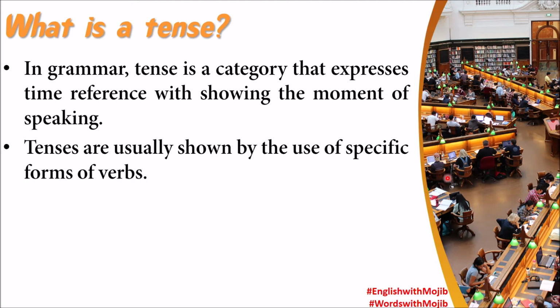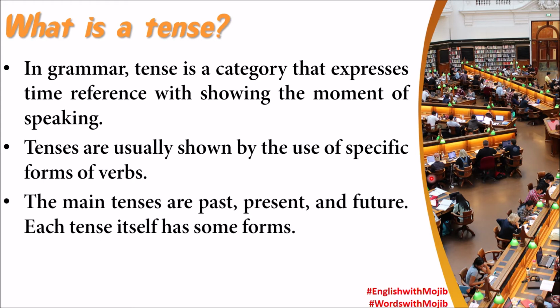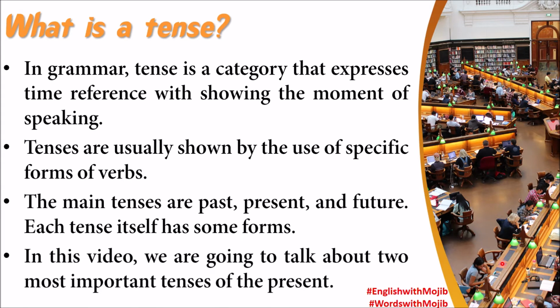Tenses are usually shown by the use of specific forms of the verb. What are the main tenses? The main tenses are past, present, and future. Each tense itself has some forms, and in this video, we're going to talk about two most important tenses of the present, which are simple present and present continuous.